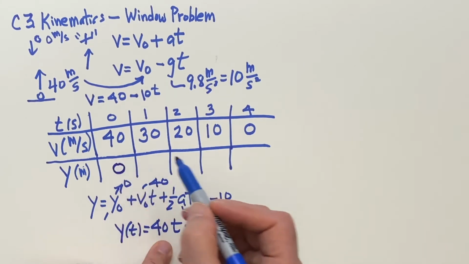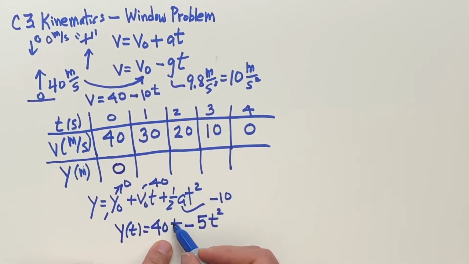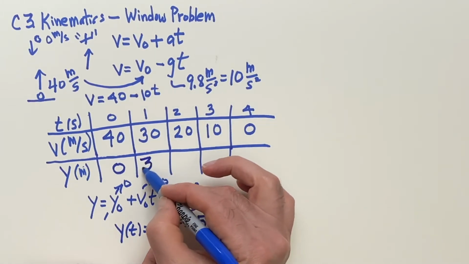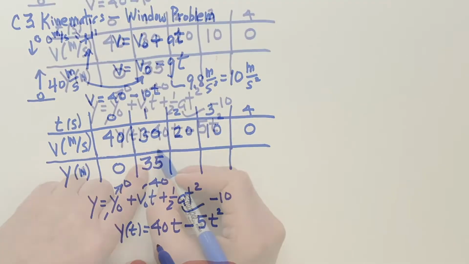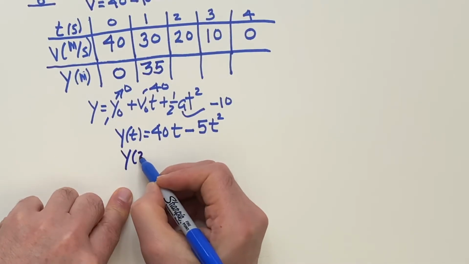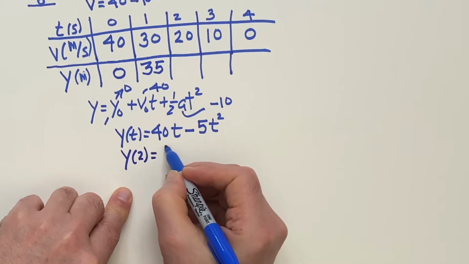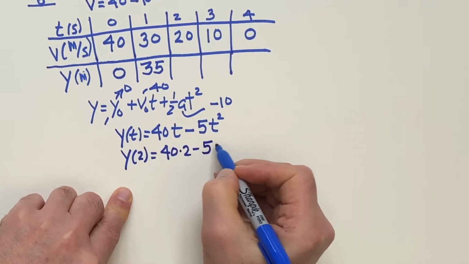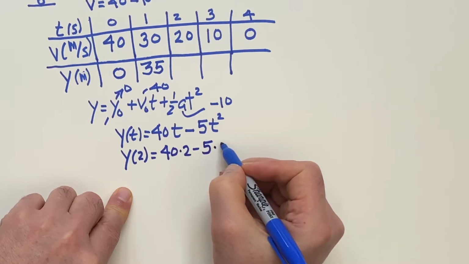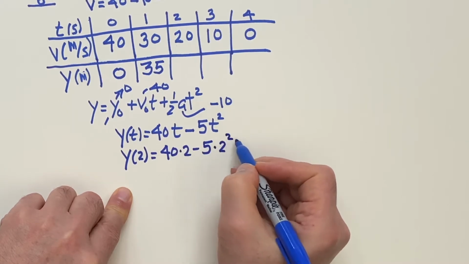So if you put in t is 0, you get 0 minus 0. This is 0. If you put t as 1, you have 40 minus 5. So that's 35. If you put t as 2, let's go ahead and do this one since the math's getting a little more involved. This is going to be 40 times 2 minus 5 times 2 squared.